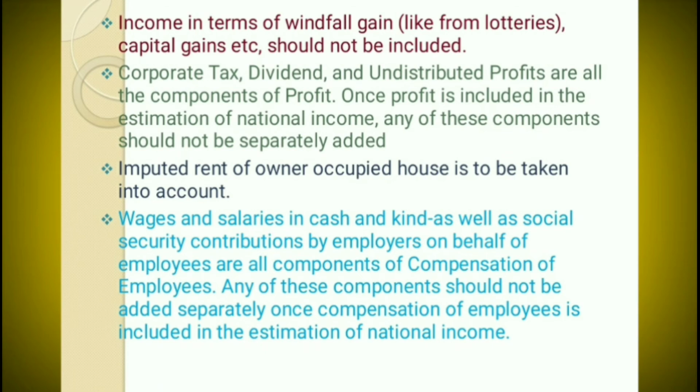Any of these components should not be added separately once compensation of employees is included in the estimation of national income. If compensation of employees is given in question, then we will not take wages and salaries in cash, kind, social security contribution by employers, etc. Okay, because all these components are already included in this compensation of employees. Okay, understood? So keep in mind.